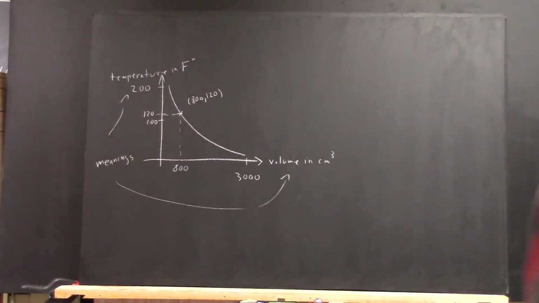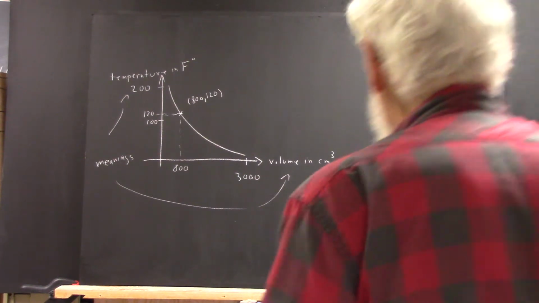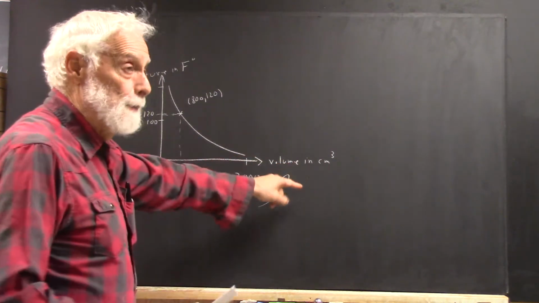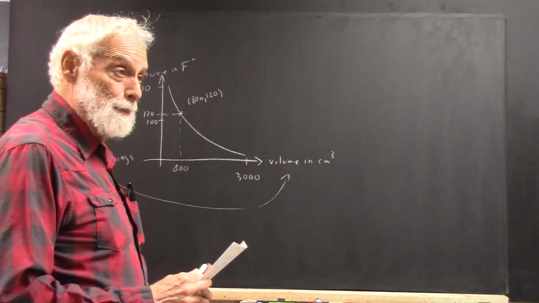That's the point on the chart. Well, what's 800 mean? That's 800 centimeters cubed, right? Cubic centimeters. Because 800 is a coordinate on this axis that measures volume in cubic centimeters.